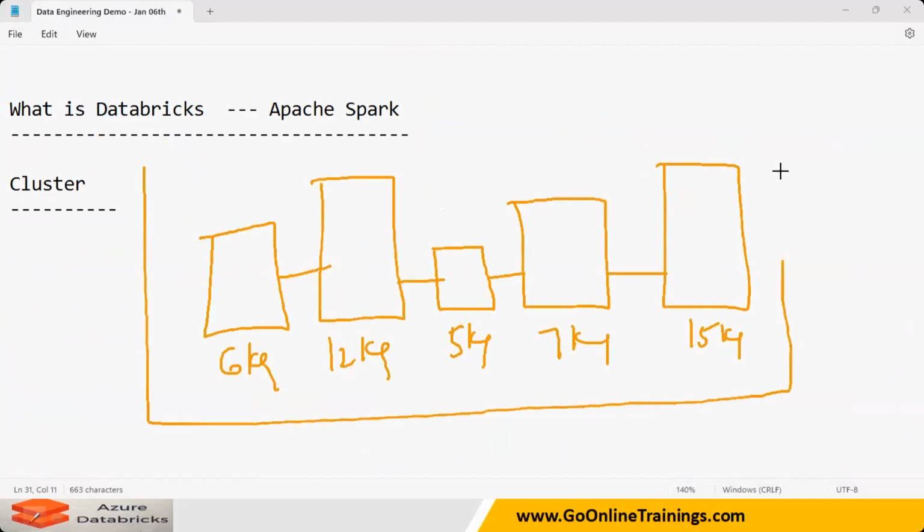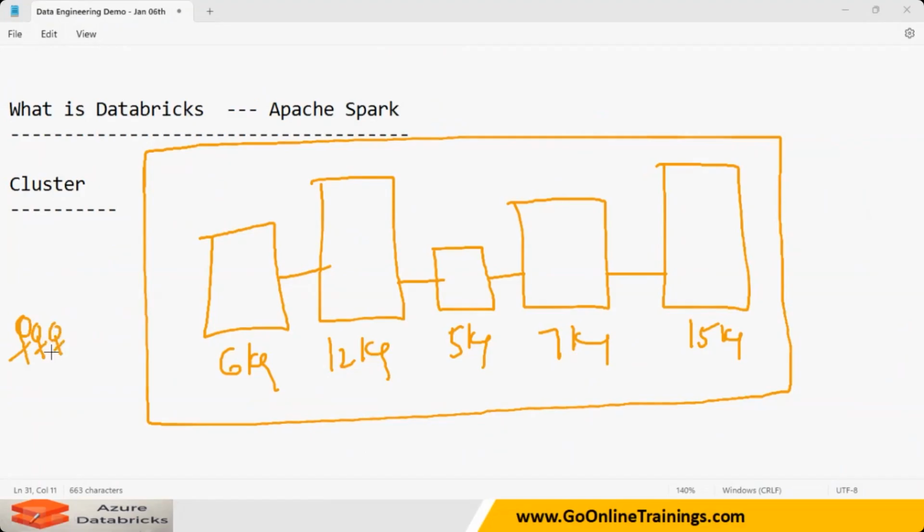So these washing machines are going to be working for me together. Cluster means making the machines next to each other. All of them are going to be working. You may have 200 people's clothes, and you're going to be getting all the clothes. For example, you have 2000 items that you would like to wash. So what we're going to be doing, one machine is not going to do it, we are going to be distributing the load.